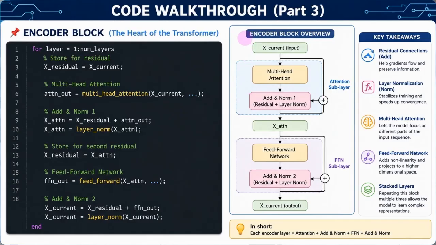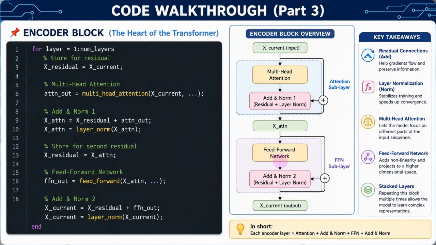The encoder block is the most important part. We start with x_current, which is the output from the previous layer or the embedding. We store a copy for the residual. Then we compute multi-head attention, add the residual, and apply layer normalization. That's the first add and norm. Then we do the same with the feed-forward network.